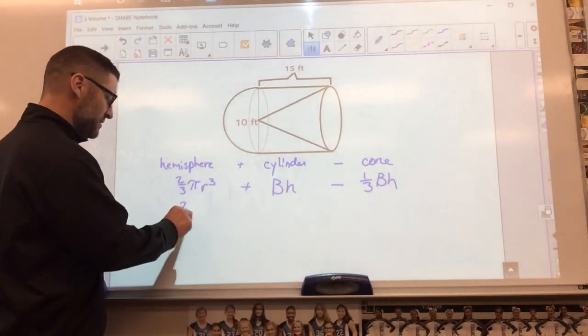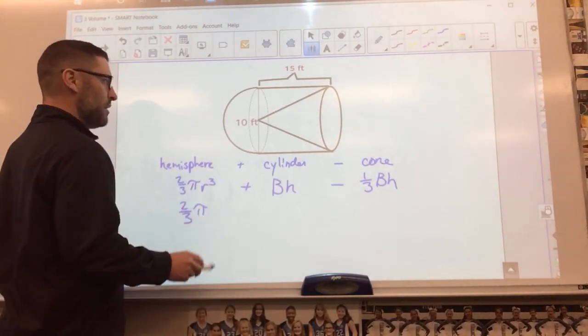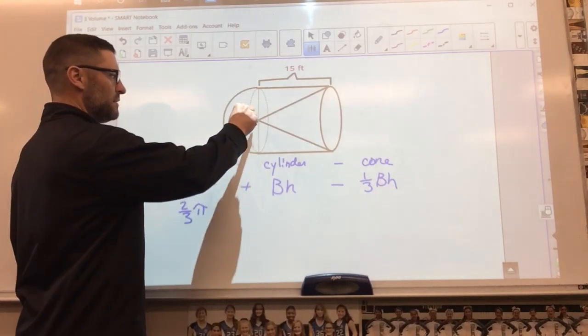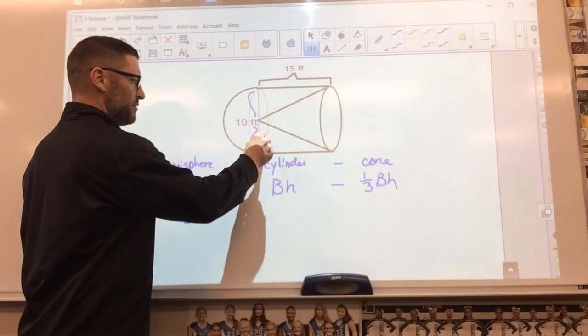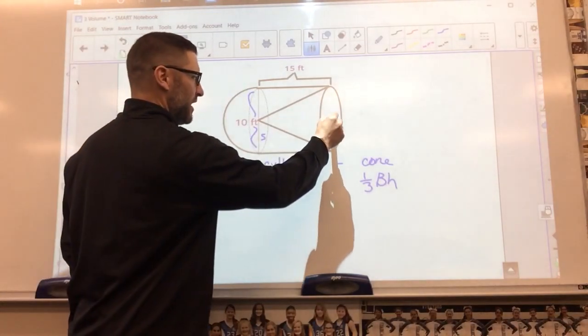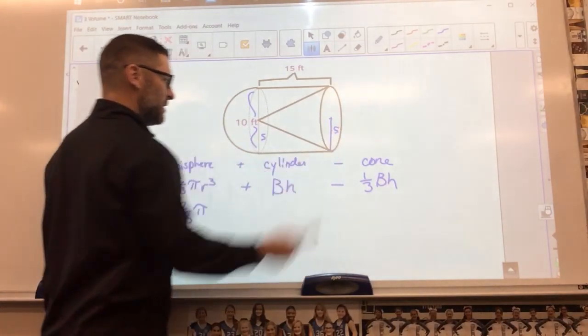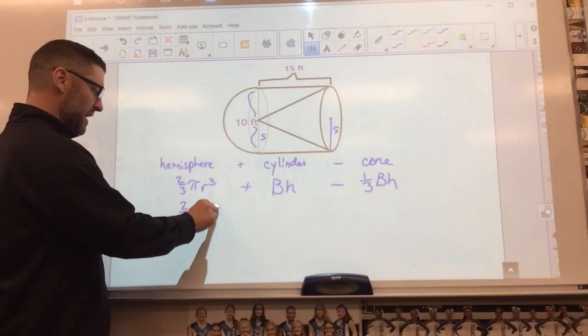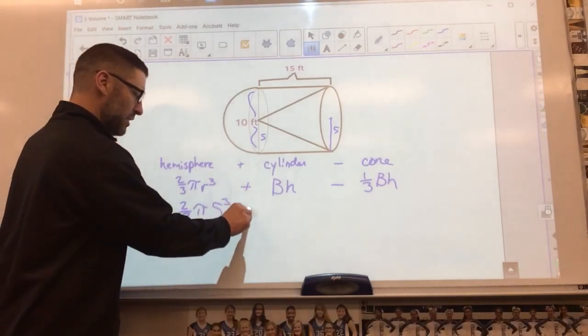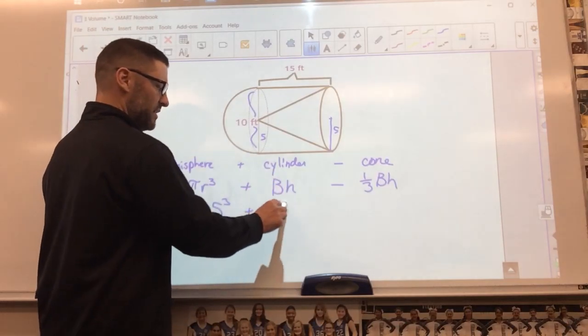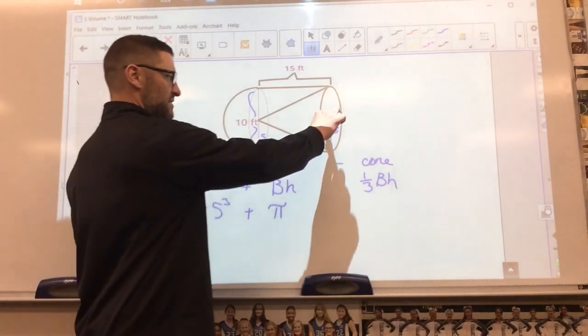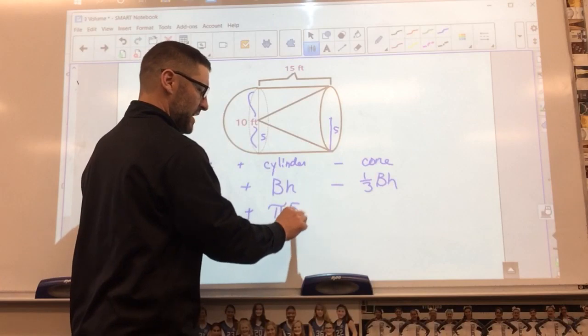So we got 2/3 pi, and then the radius. Well, it's showing the diameter of 10, so that means my radius here would be 5. And actually the radius of everything here would be 5. So here we go. 2/3 pi, 5 cubed, plus the cylinder base. Base of a cylinder is pi times the radius, 5 squared.